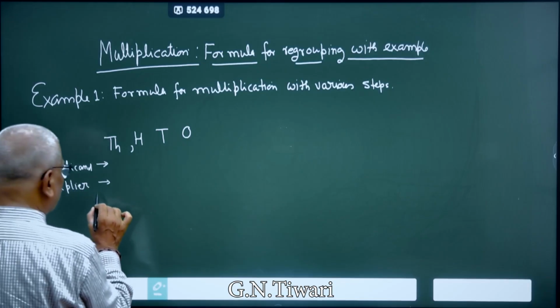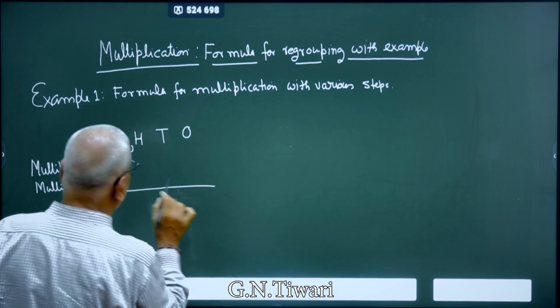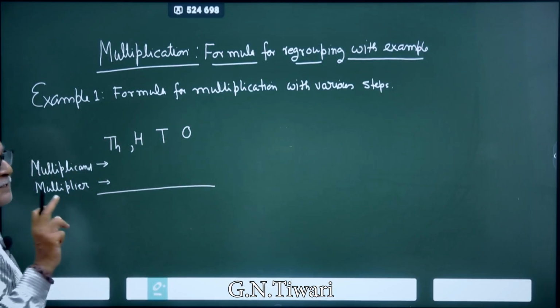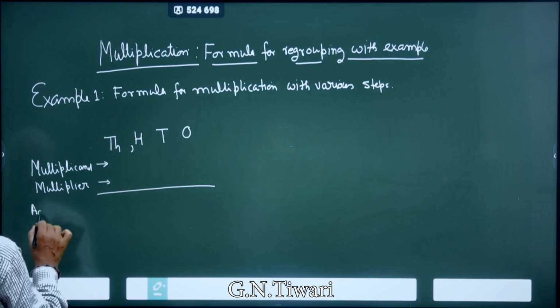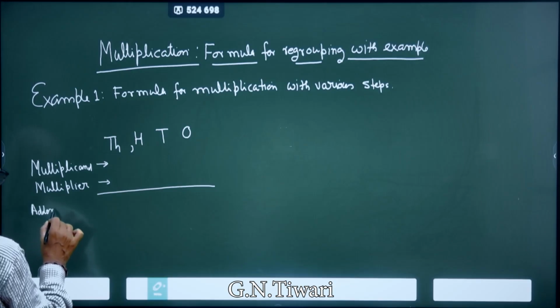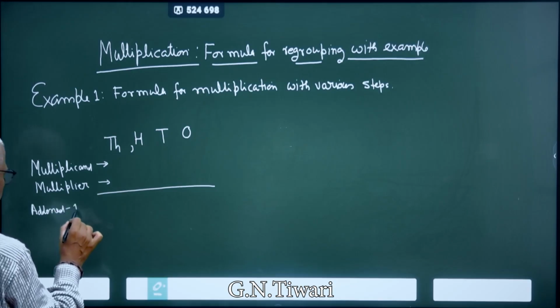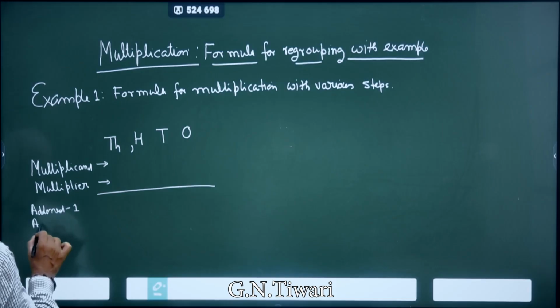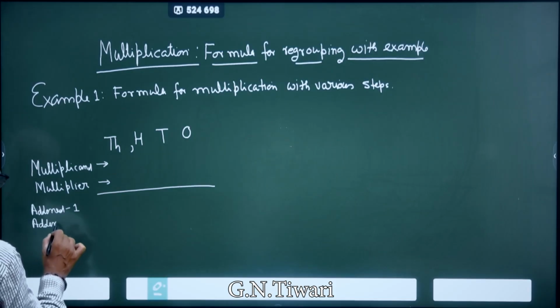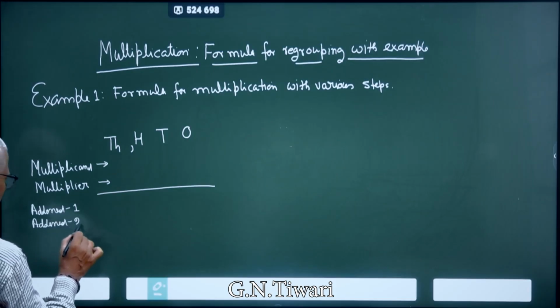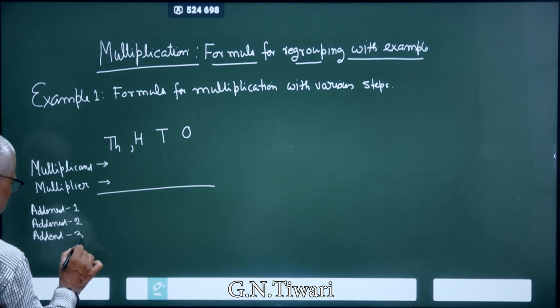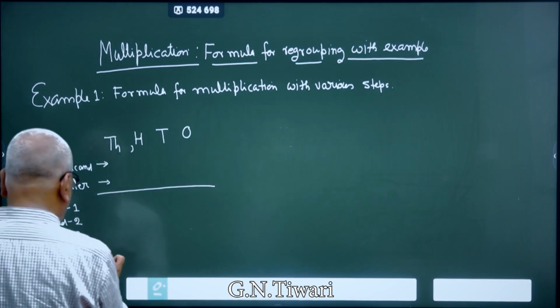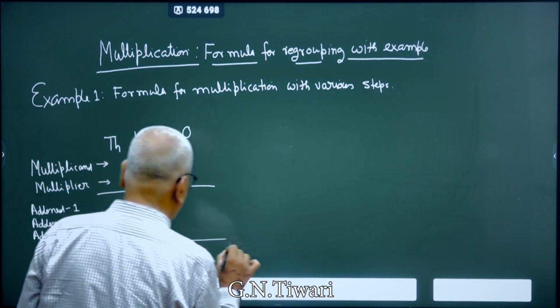And after that, if there is a 3-digit multiplier, there will be 3 addends: addend 1, addend 2, and addend 3. And then we will have the final product.